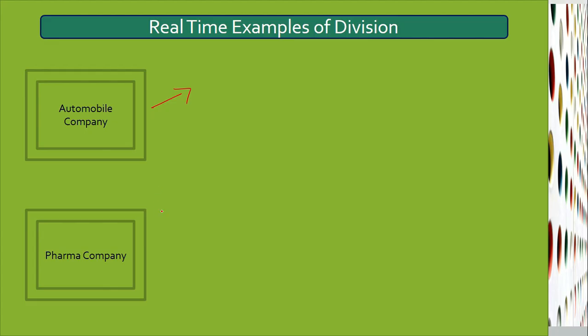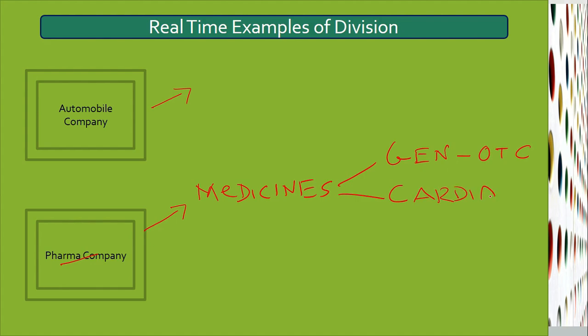Now let us take another example. If you are implementing for a pharma company, then the pharma company's products are medicines. It can have general medicines, like over-the-counter medicines which are sold. Then it can have special medicines for the heart, for example cardiac medicine.